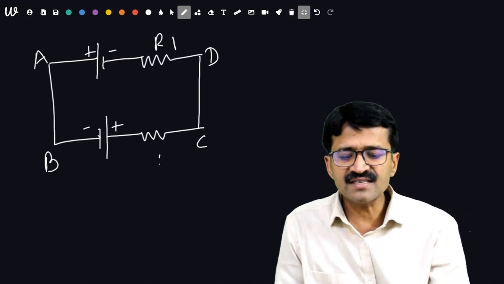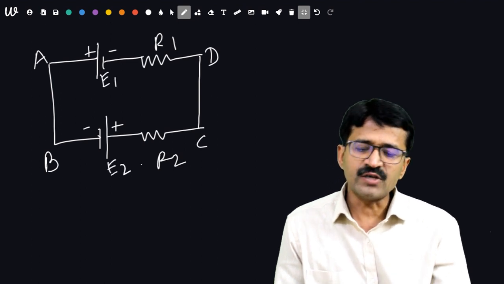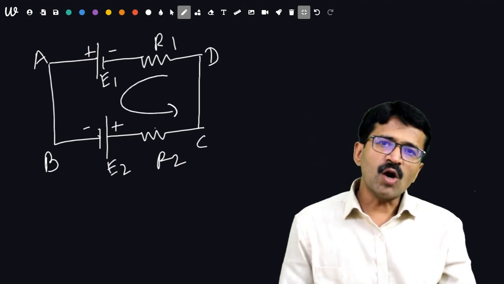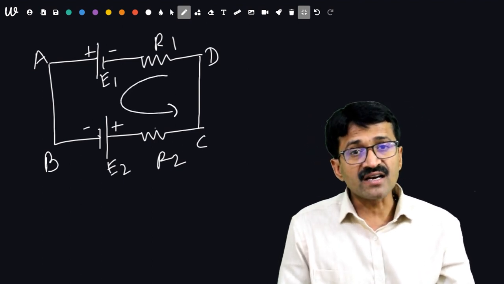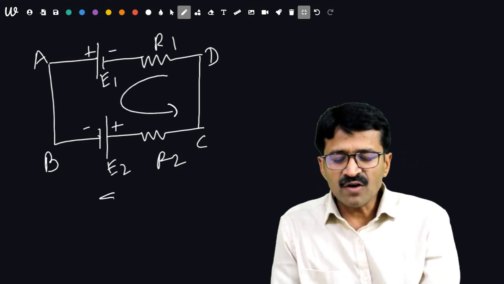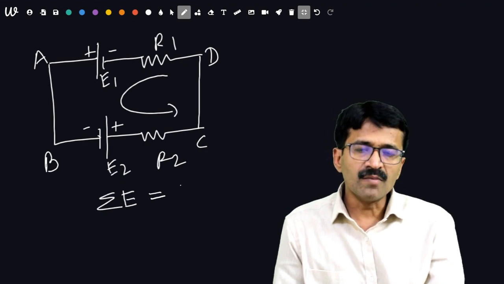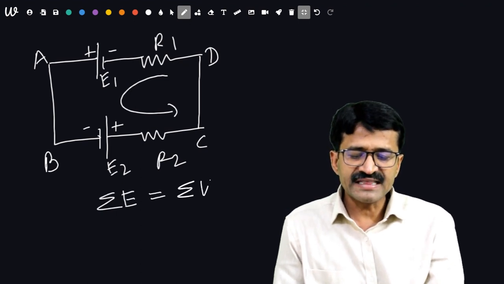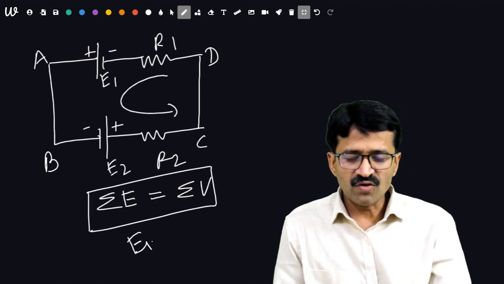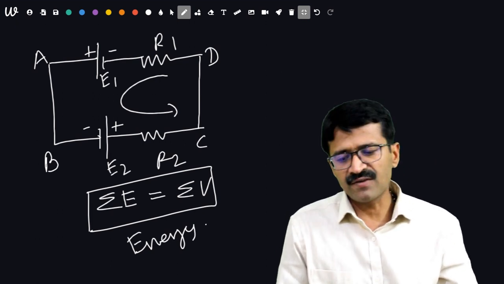These are resistances R1 and R2. These are EMFs E1 and E2. If we take the loop in this way, then along the loop always take current with a negative sign. Then the algebraic sum of EMF in a particular direction will always equal the algebraic sum of potential differences in that direction. This follows conservation of energy. Now the question arises, in which way will current flow?